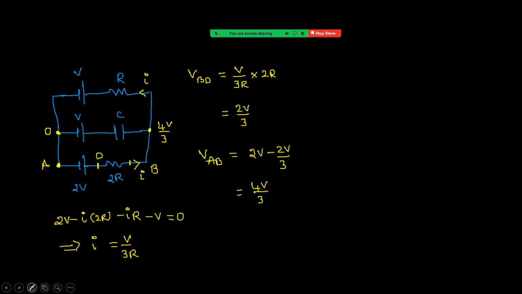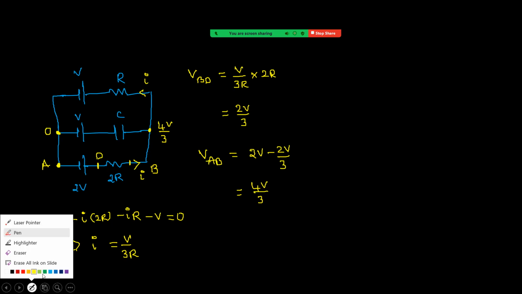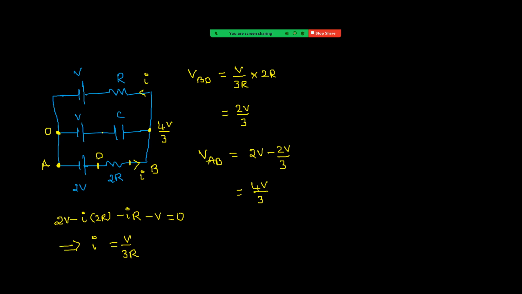Now we want to calculate the potential difference across the capacitor, right? Let us see carefully. If this is 0, this will be V. Am I correct?